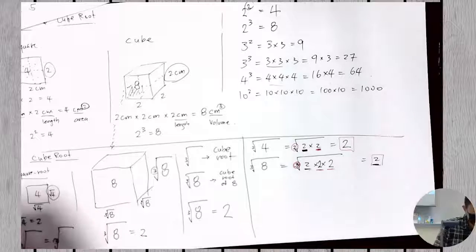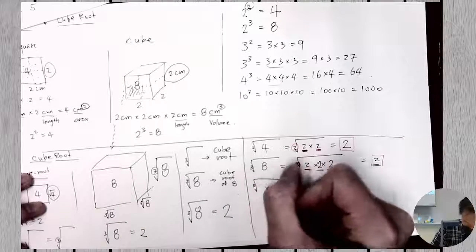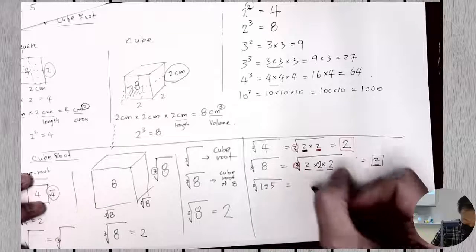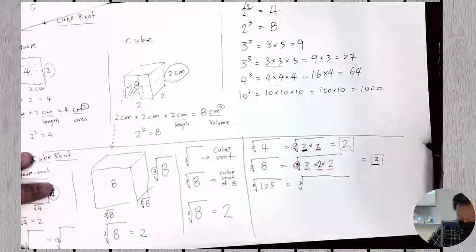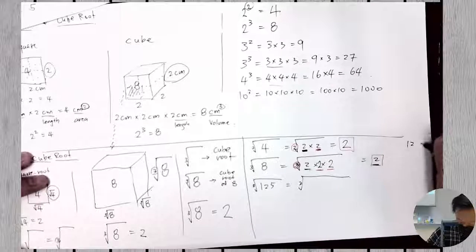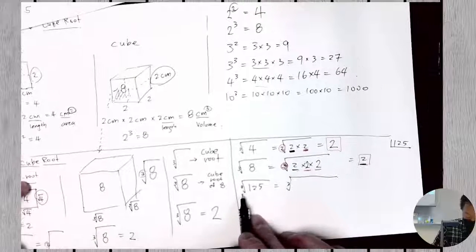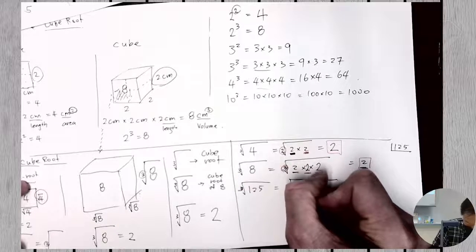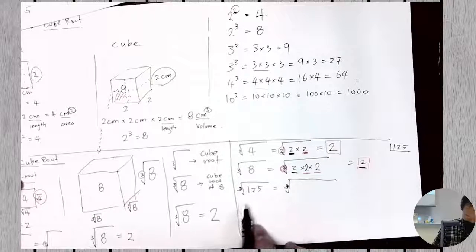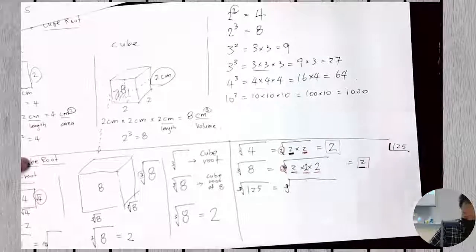Number-wise. So how about the cube root of 125? Let's expand 125. If you need to use prime factorization, do it. It's a cube root, so that's a 3. Let's see if we can break 125 into 3 equal numbers multiplied together.